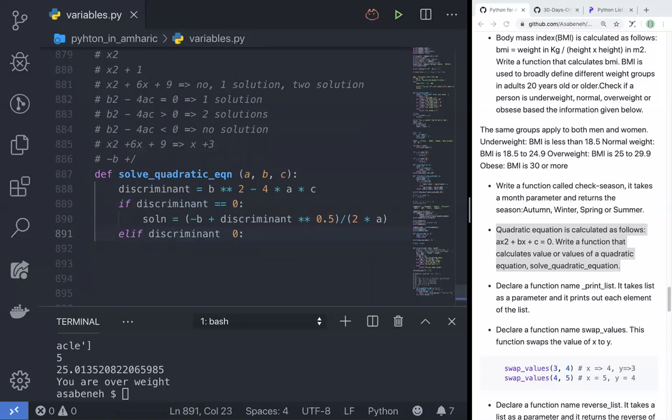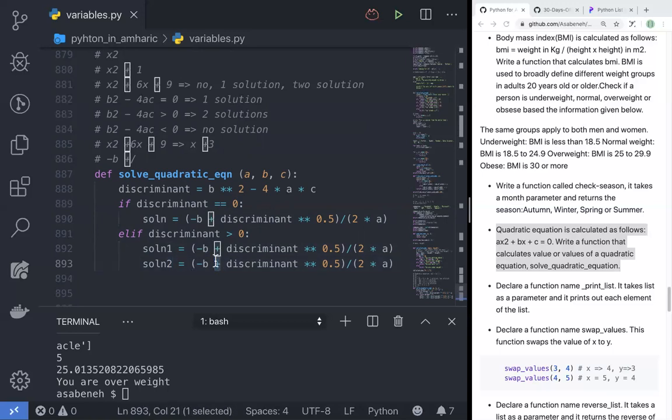So it's going to be one solution. If the discriminant is greater than 0, we are going to have two solutions, solution 1 and solution 2, where one is plus and the other is minus.